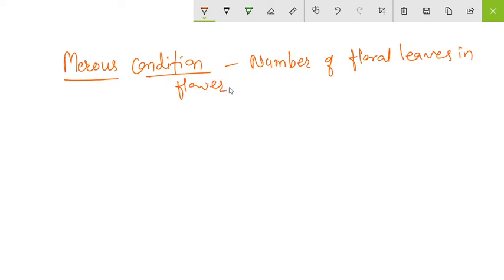Okay, so that is known as the merous condition. So there are three different merous conditions. One is the trimerous, second is tetramerous, and third, that is pentamerous.